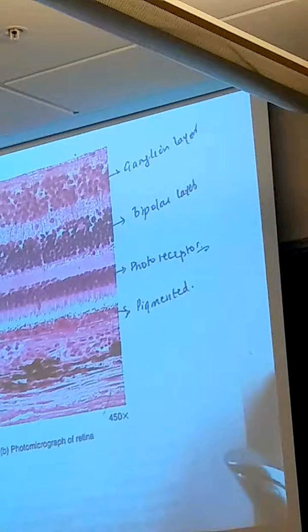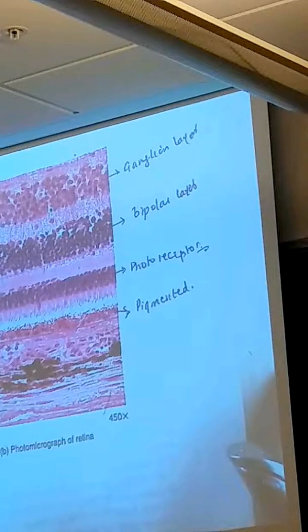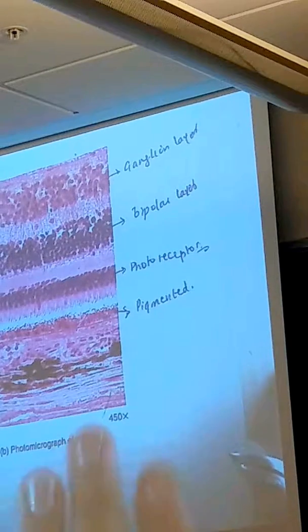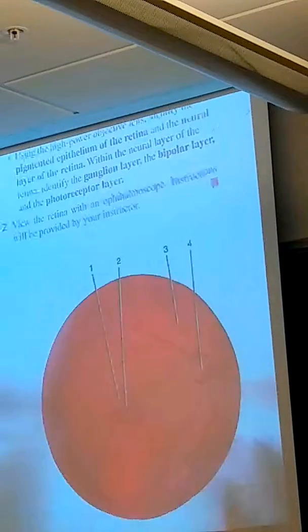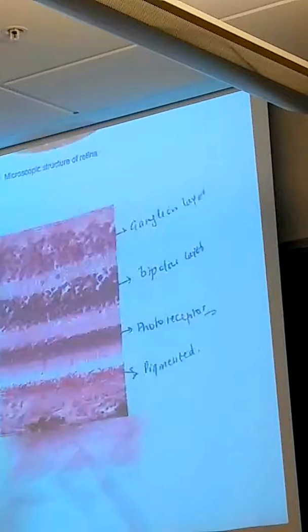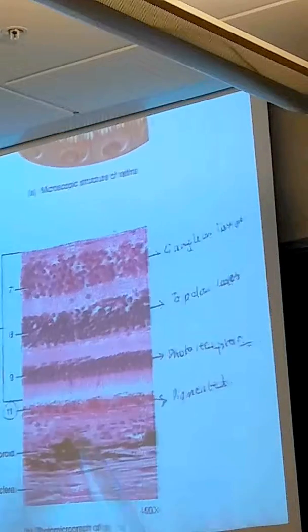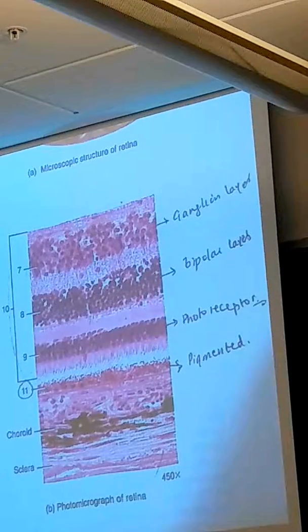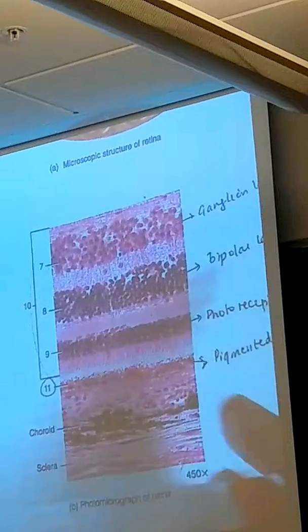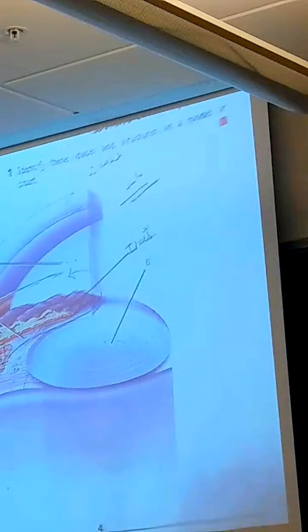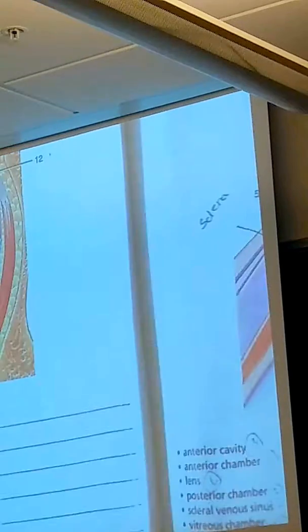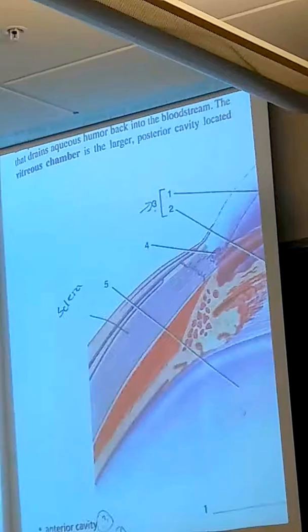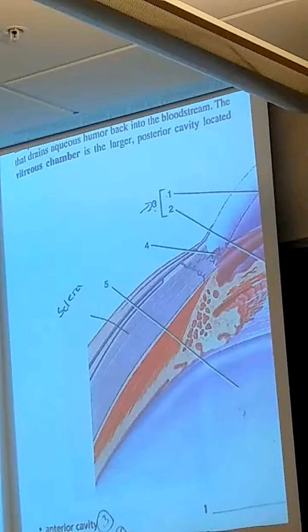All right. So the special senses from the eye come with this picture. This is figure 24.8, the anatomy of the retina. Figure 24.4. 24.8. And then we will have this model of the eye.